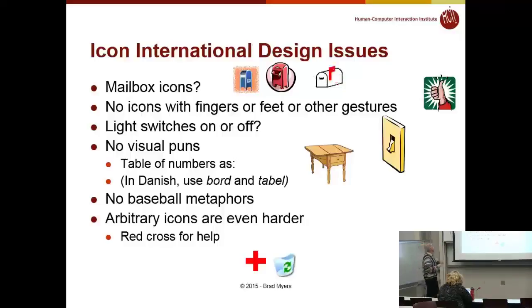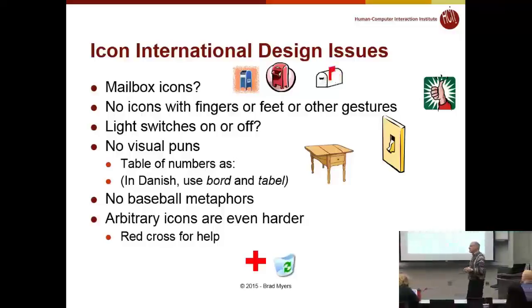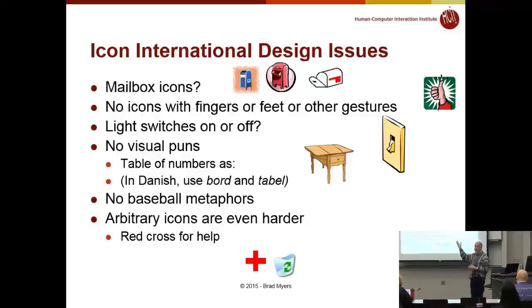For example, in Danish, there are two different words, one for this kind of table and another one for a spreadsheet-like table. So just because something means two things in English does not necessarily mean that the translation of that thing will mean the other thing that you're thinking of, right? And so these kinds of visual puns or analogies that work in English won't necessarily work in other languages.